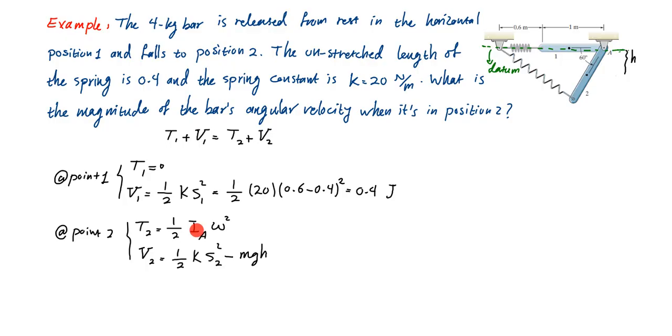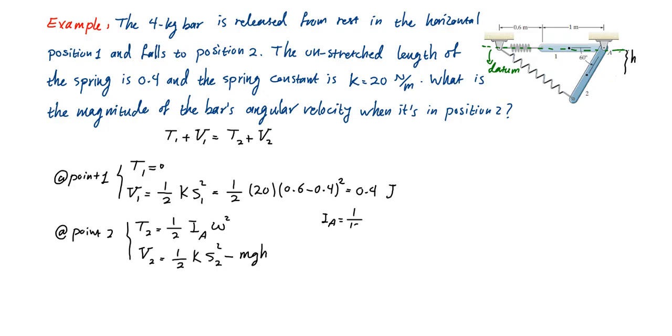Here we need to find out what I_A is, the mass moment of inertia about point A. We need to find S2, how much the spring is stretched or compressed. And we also have to find H. So let's go one by one. Let me start with I_A. It's a bar.